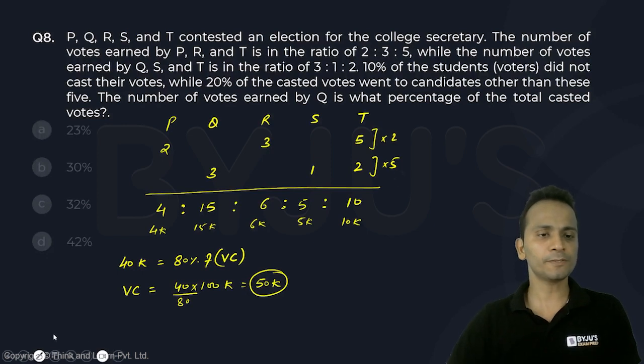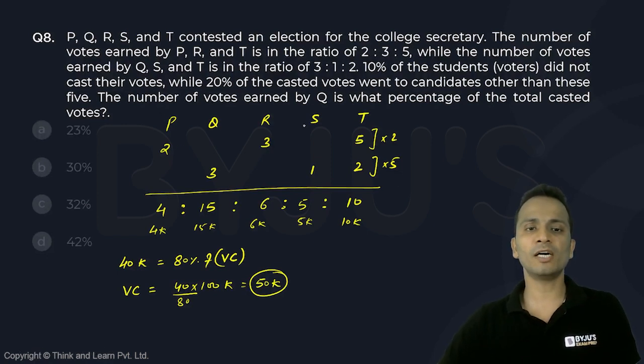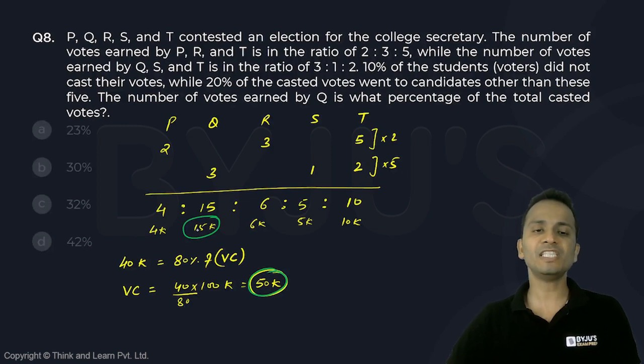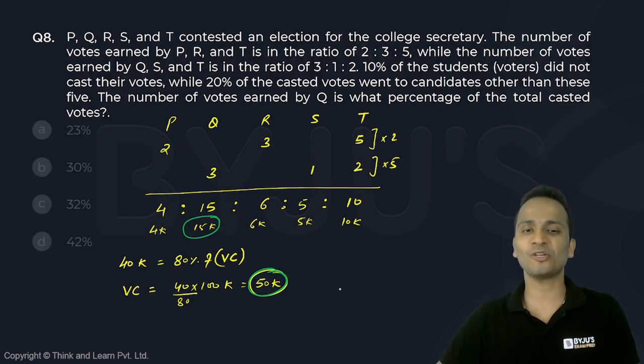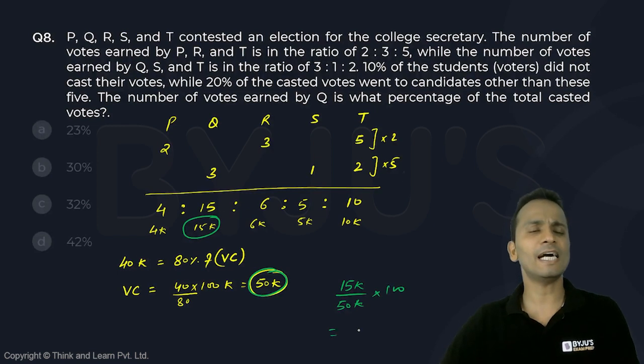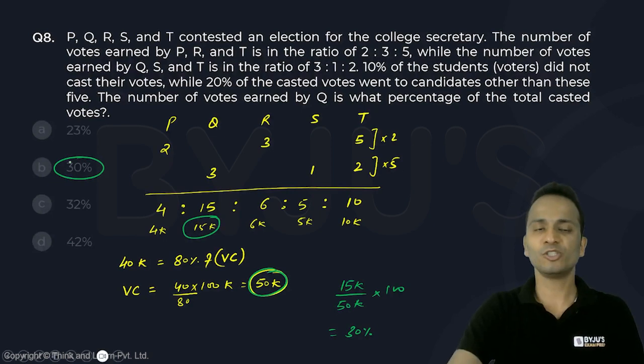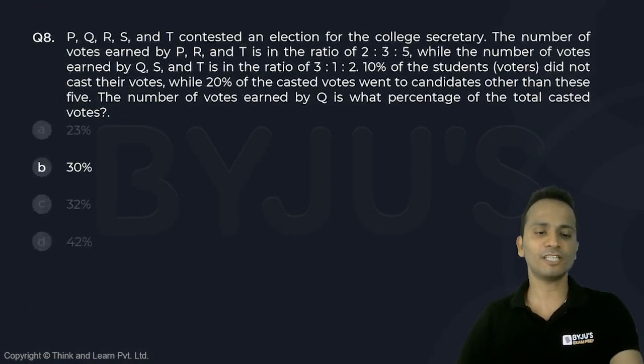Now the question is, the number of votes earned by Q, which is 15K, is what percentage of total casted votes, which is 50K. So 15K is what percentage of 50K? You can also write it orally. So 15K divided by 50K multiplied by 100, and the answer will come out to be 30%. That is option B. So option B will be the correct answer for this one.